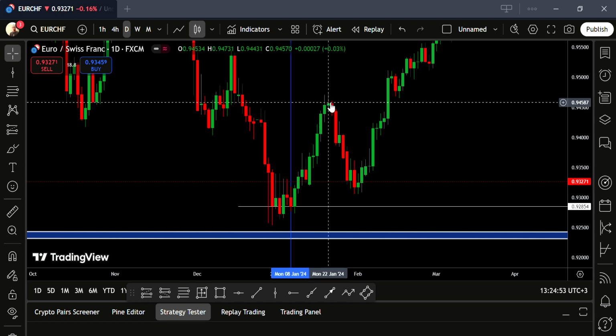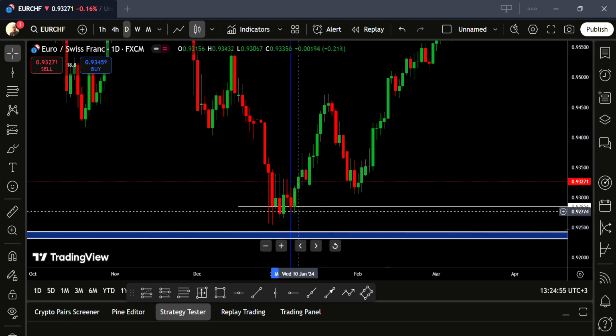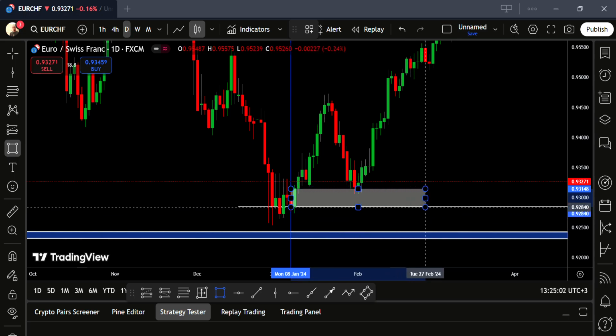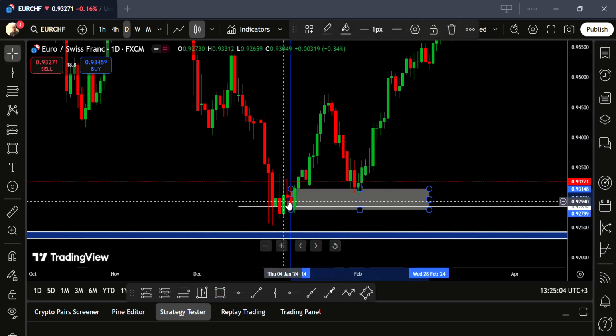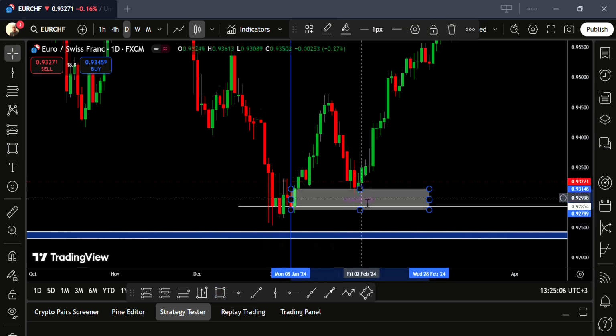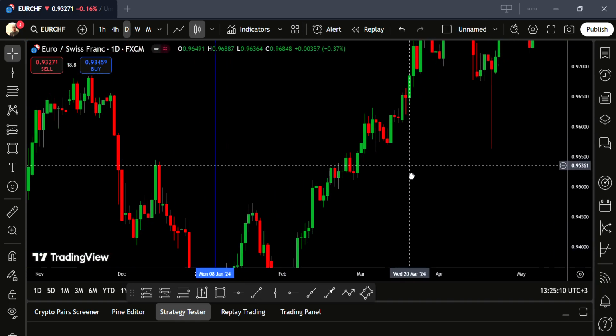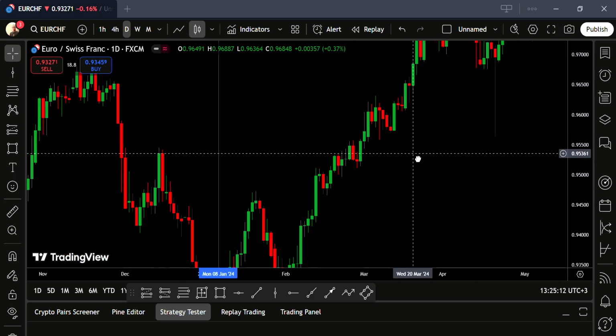So you wait for price to retrace back to the supply zone that was created down here, this one with this candle here. You wait for price to come back here, and then you enter for a buy. Price is going to tap in and look at the profits. You are going to flow in profits.